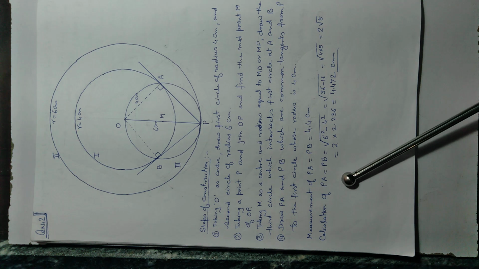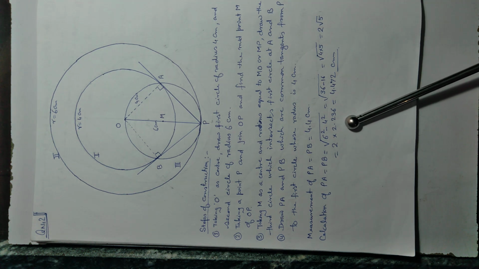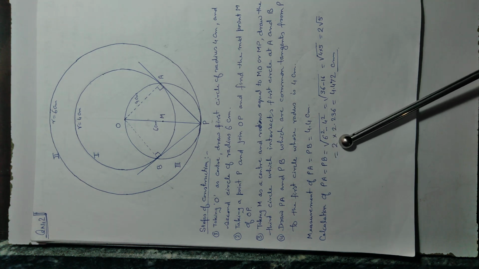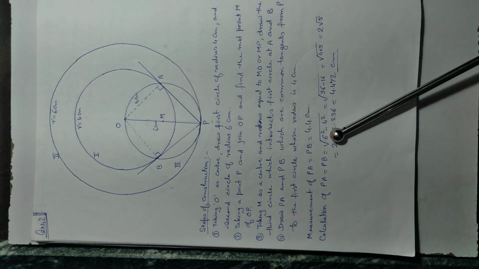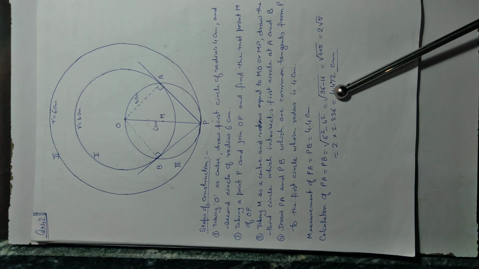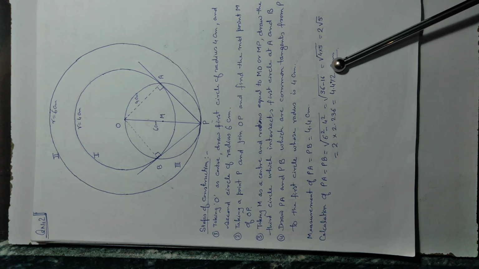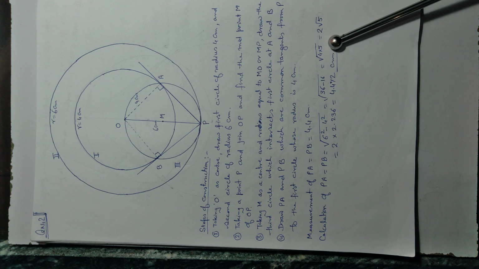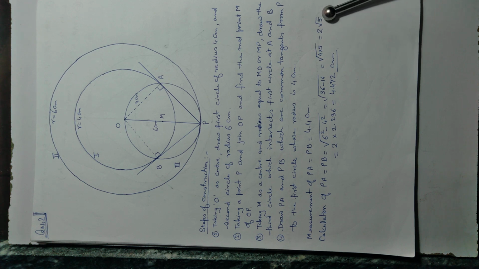Calculation for PA and PB will be equal to the square root of 6 square minus 4 square. So 36 minus 16 will be equal to 20. So root of 4 into 5, that is 2 root 5.